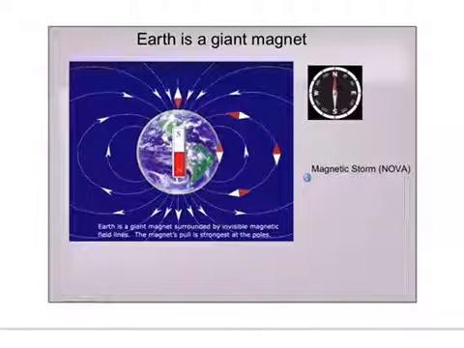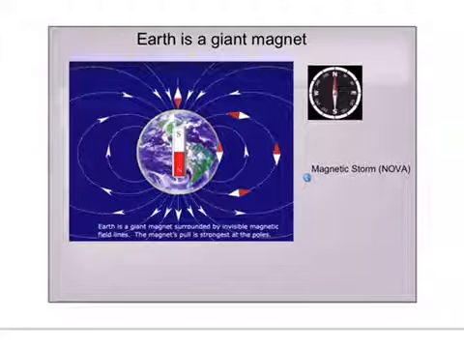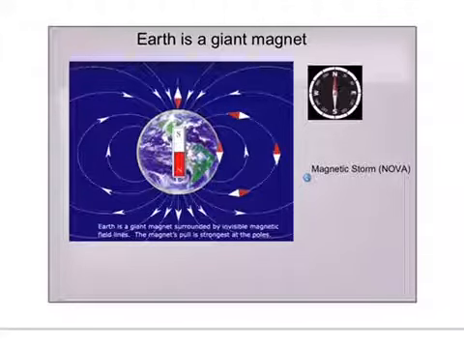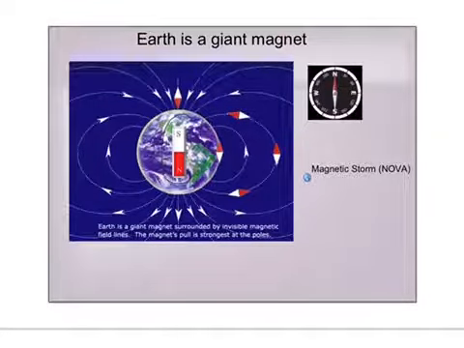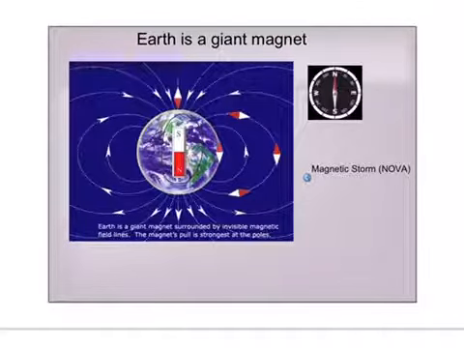Finally, in terms of basics, as we mentioned, the North Pole and South Pole names or terms, our planet is one gigantic magnet. And now pay close attention here to how this bar magnet is set up inside of the planet. You notice that the South Pole is pointed towards what we consider to be north, and the North Pole is pointed in the direction that we consider to be south. That is accurate.